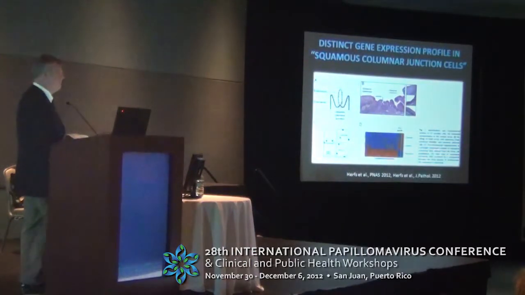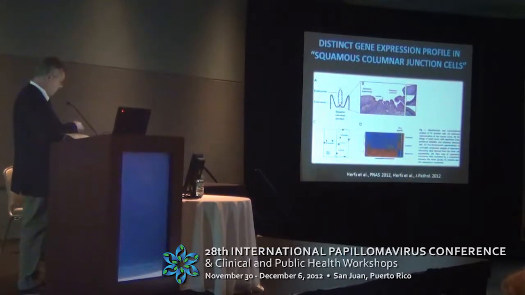Now, the landmark paper of Christopher Crum's group, Michael Hurst, was published this year in PNAS. What they did was to characterize the gene expression profile of these cells at the squamous columnar junction. And what they clearly could show is that the gene expression profile in these few cells located at the squamous columnar junction is quite different from what you can observe in the squamous part of the epithelium, or of course the glandular part of this epithelium.